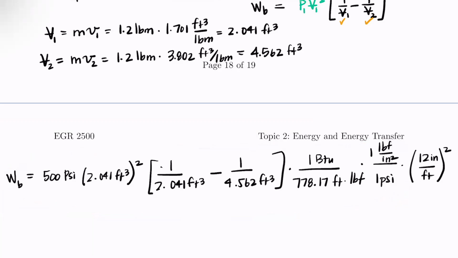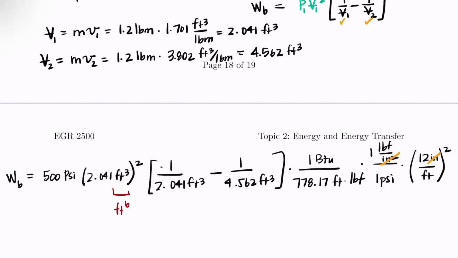Okay. So let's work out the units here. So we have square inches cancel with square inches. This is a little bit clunky, but right here we have feet to the 6th, right?